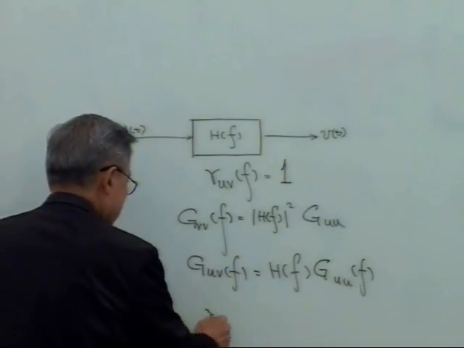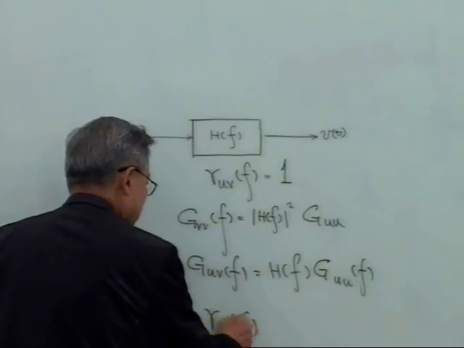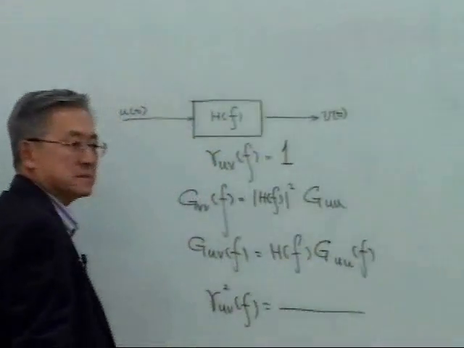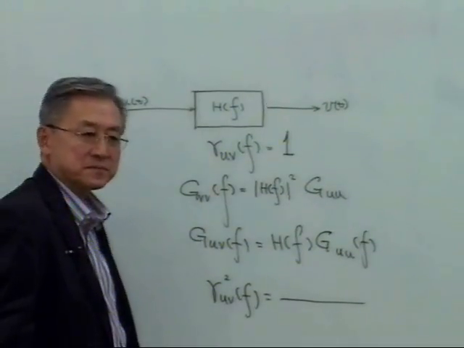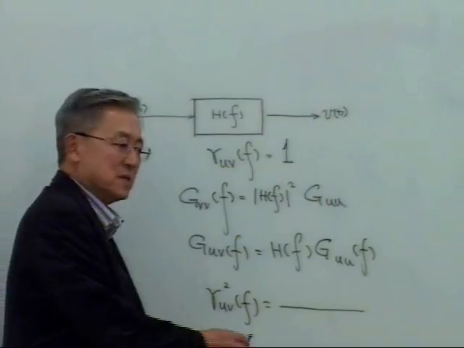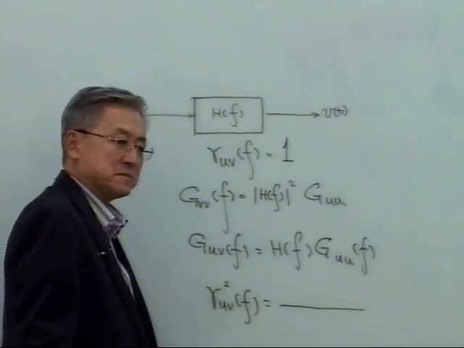And Gusto, gamma UV F square is what? Expression. Total expression. Gamma UV square.